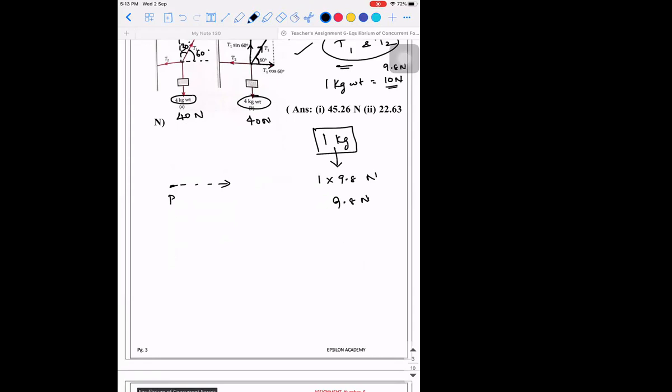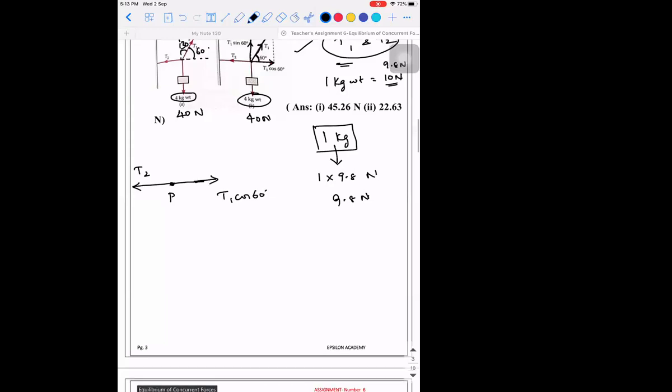T1 cos 60. What is the force acting on the particle P in the leftward direction? T2. Yes, that's it. So there is one such diagram.